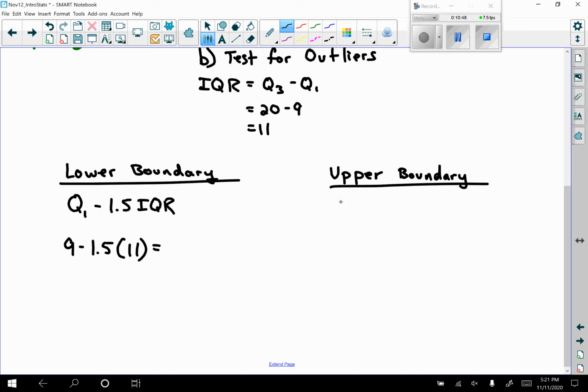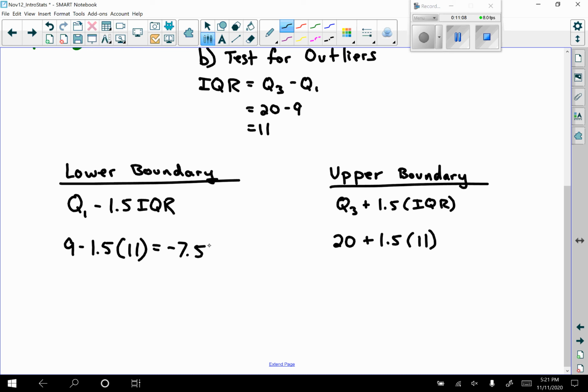When we go to find our upper boundary, that's Q3 plus 1.5 times our IQR. So that's going to be 20 plus 1.5 times 11. So looking at 9 minus 1.5 times 11, we actually get a negative 7.5.